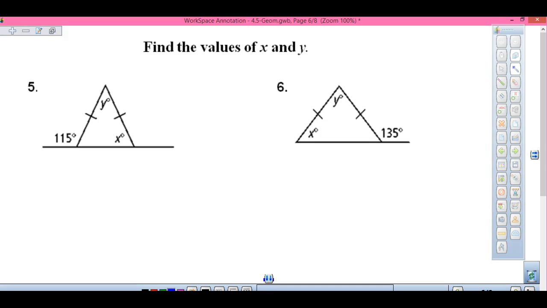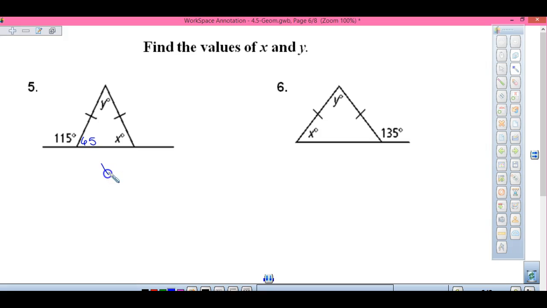If this angle is 115, what does this angle have to be? How do we know that? Yeah, this is a linear pair. So this is going to be 65. If this is 65, what does x have to be?